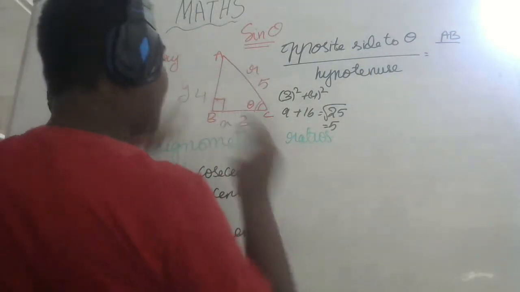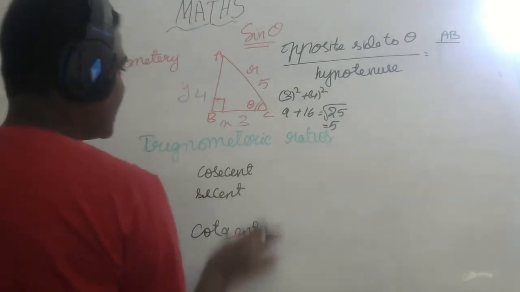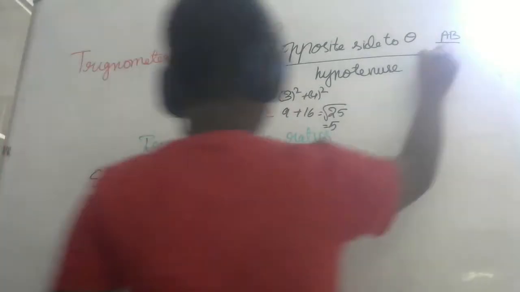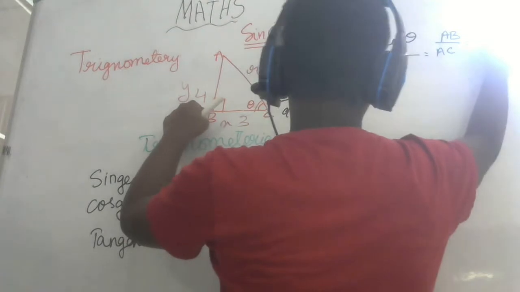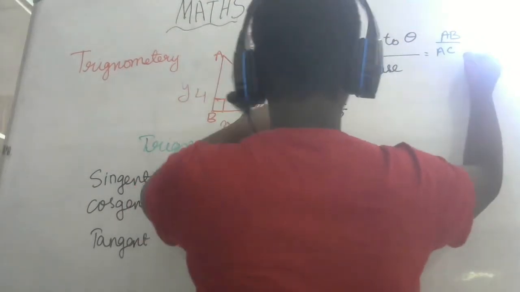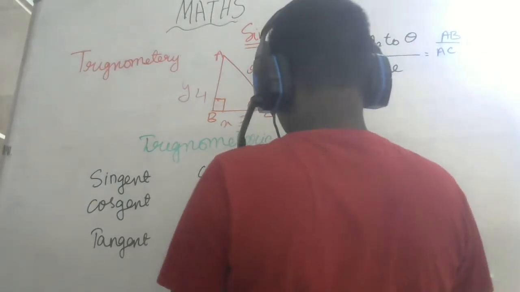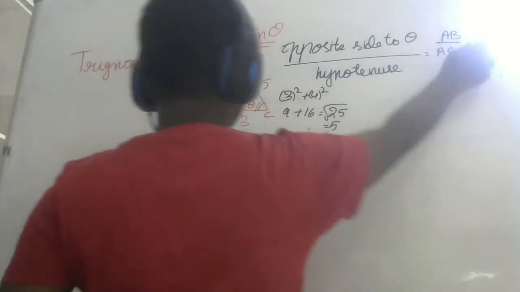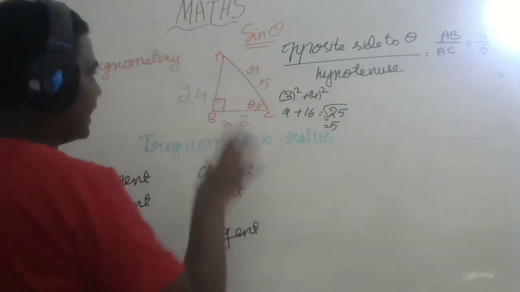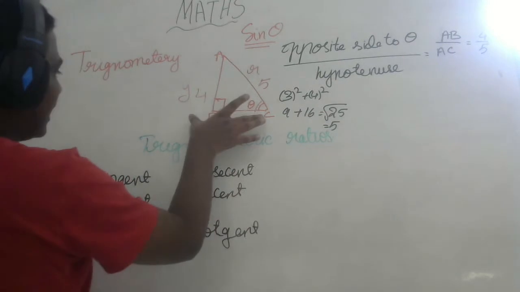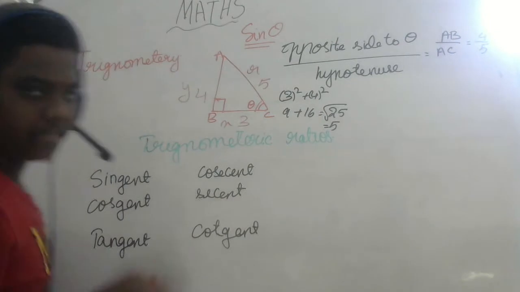Whichever ratio you take, the hypotenuse will be the same, so hypotenuse is AC. My AB value is 4 and AC value is 5. So the value of sine theta is 4 by 5. When the sides of the triangle are 3, 4, 5, the sine of this angle is 4 by 5.